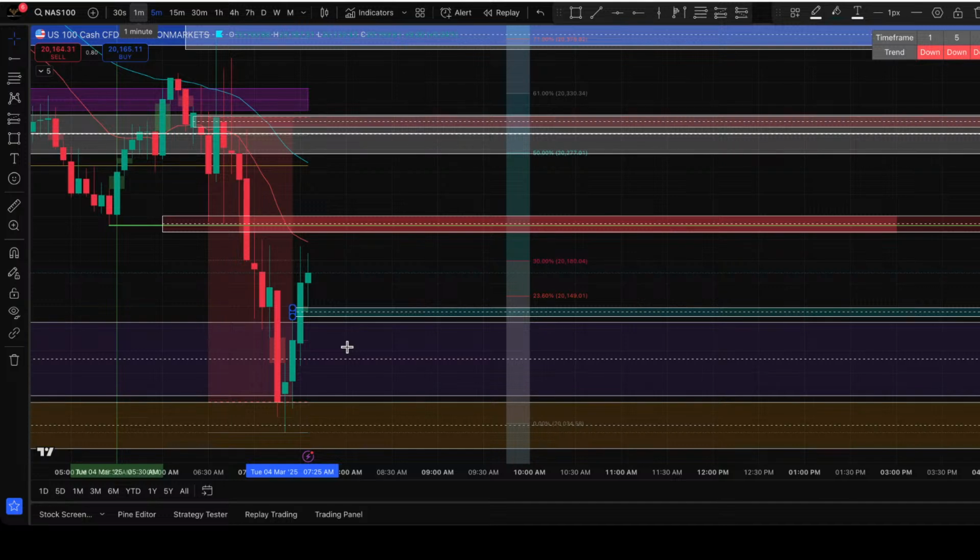About 59 seconds left. I'll refine this fair value gap after this candle closes. Still want to see it get up here. I want to see what it does from here.